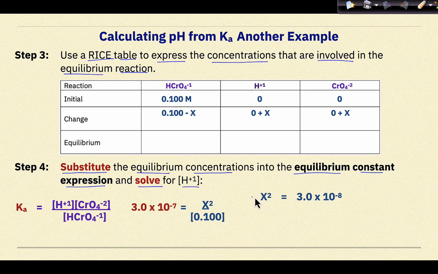If we take the square root of x squared and the square root of 3.0 times 10 to the negative 8, our x value is equal to our hydrogen ion concentration, which is found to be 1.73 times 10 to the negative 4 molar. Once we have our hydrogen ion concentration, we can move to the next step, which is calculating our pH.